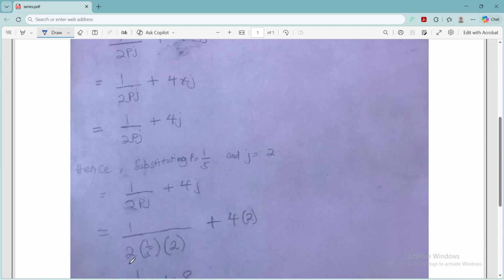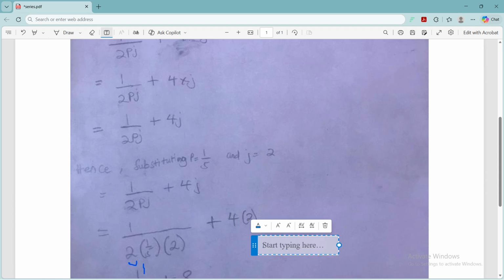Here, you see every number is divisible by 1, right? So this 2 here is divisible by 1, so it can be represented as 2 over 1, right? So we are going to have 2 over 1 multiplying 1 over 5, right?